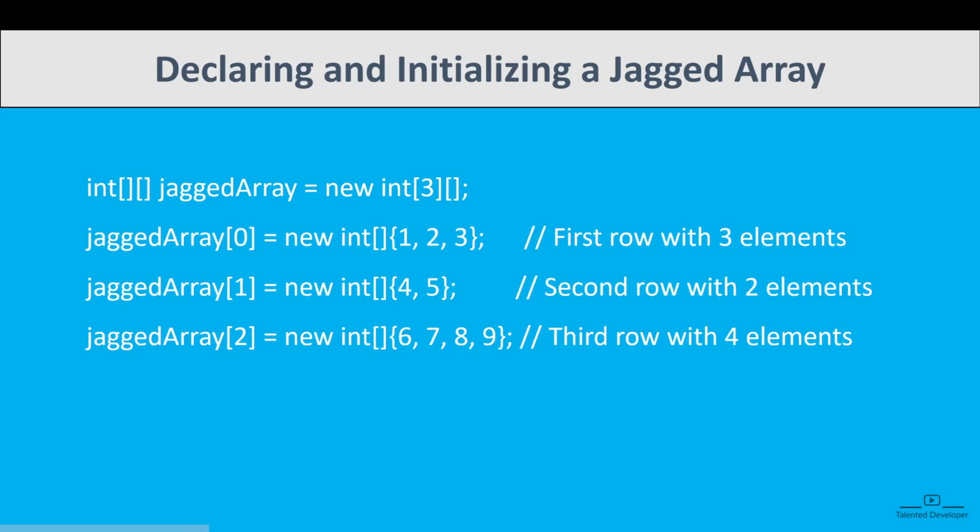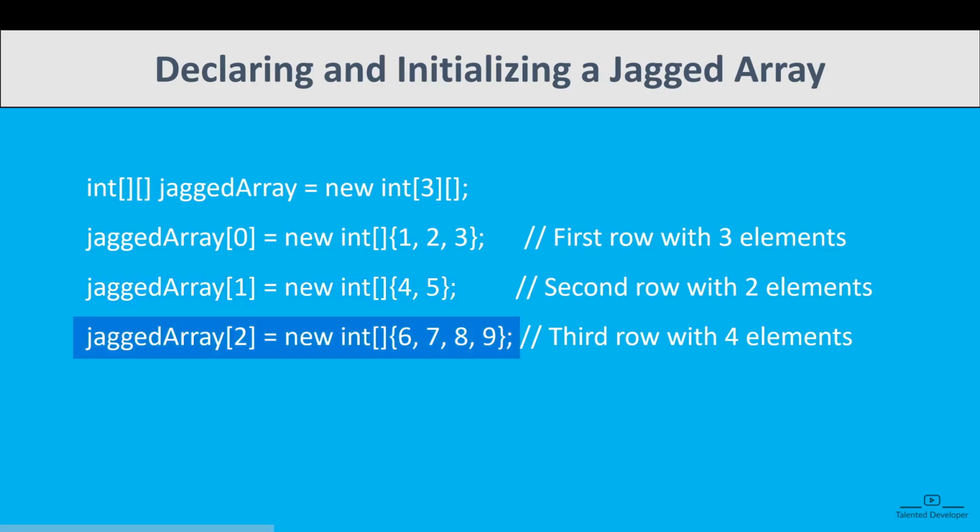So if I am going to put the data, as you can see on your screen, the first sub array, that means jaggedArray at index 0, is assigned an array of size 3 containing the values 1, 2, 3. Similarly, the second sub array, jaggedArray at index 1, is assigned an array of size 2 containing the values 4, 5.